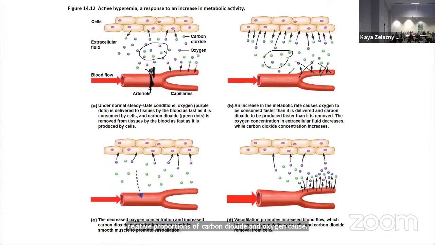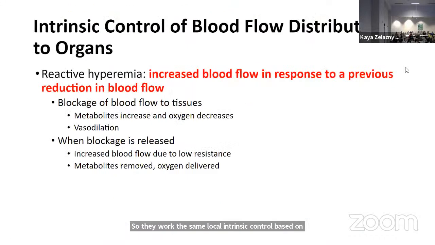Ultimately, when we release this blockage, so we're blocked here, and here we're unblocked, we remove it, we're going to have vasodilation for a little bit until we restore these steady state conditions. So they work the same, local intrinsic control based on concentrations of oxygen and carbon dioxide, just for different reasons.